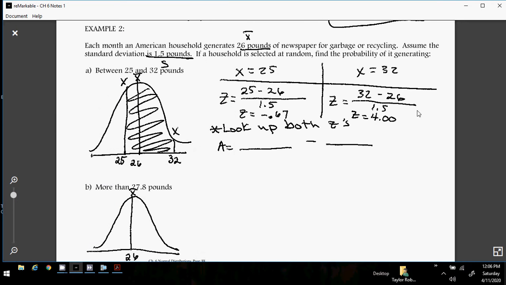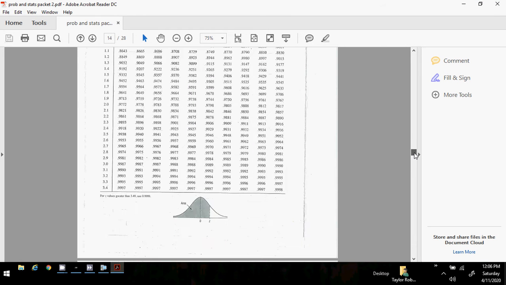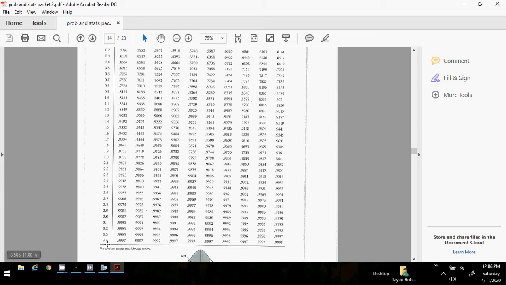Now, don't just subtract these from each other, because if you never go to your chart, then you've done something wrong. Alright, so we're going to look these up on our chart. I'm going to look for 4.00 on the positive side. Oh no. Look, 3.49 is the biggest one. What to do?